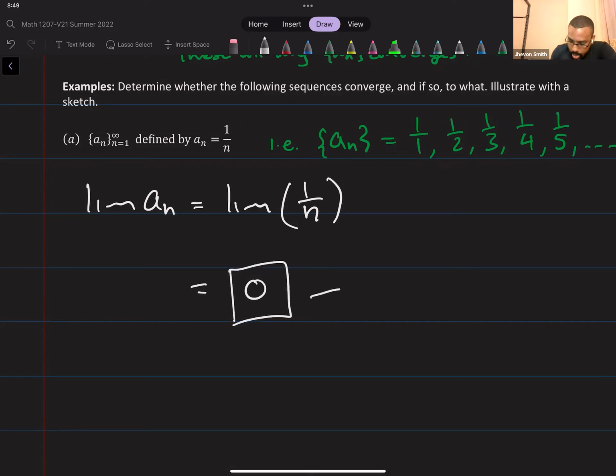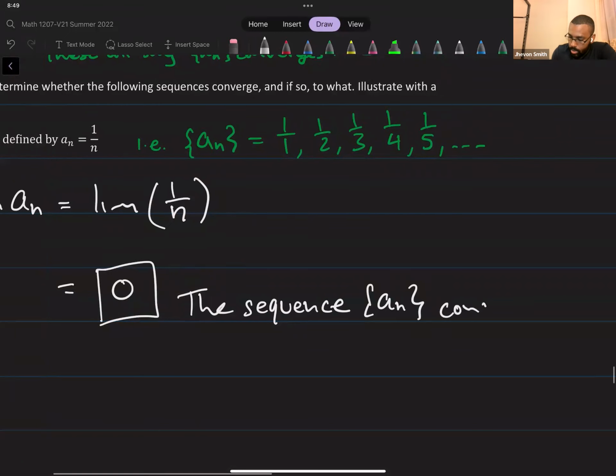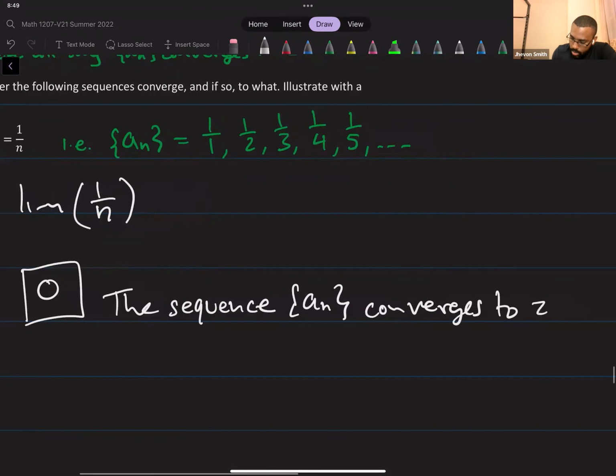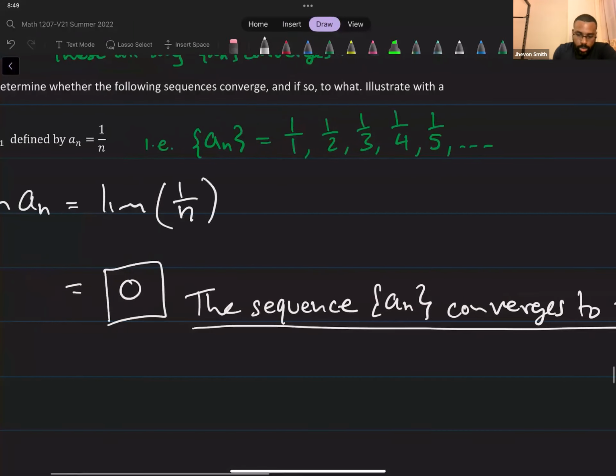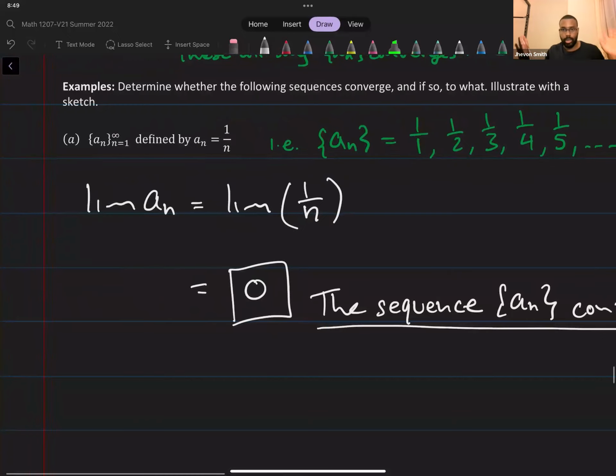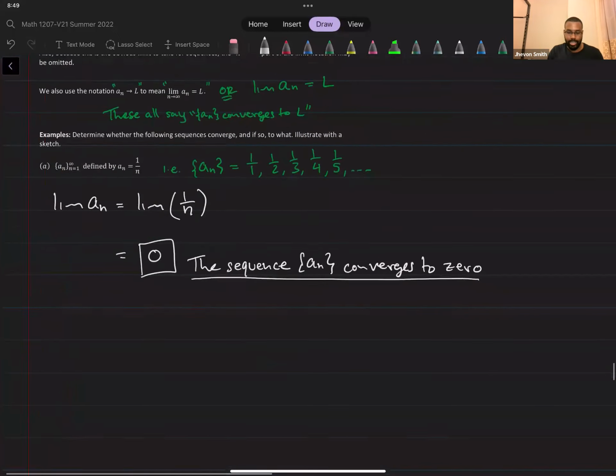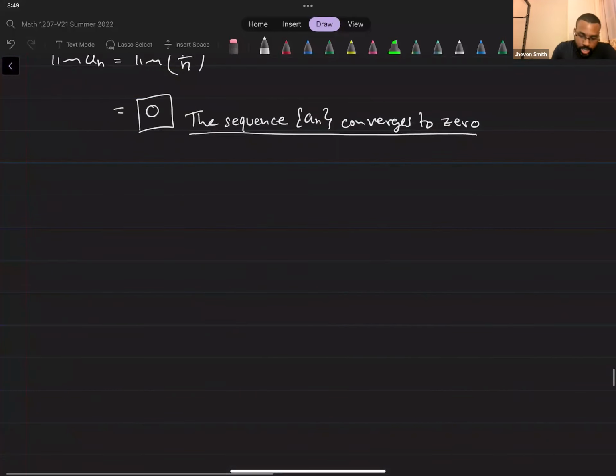So I can say the sequence converges to 0. And that's it.